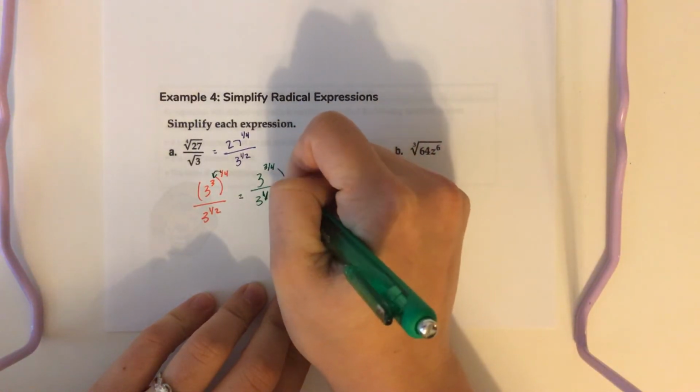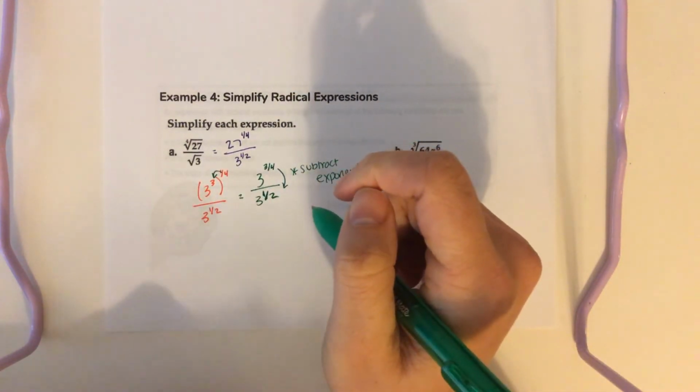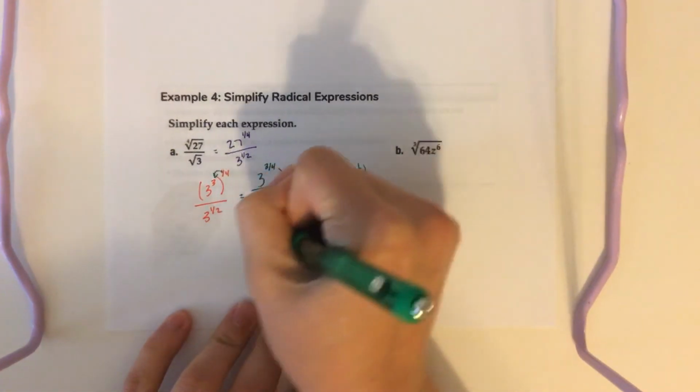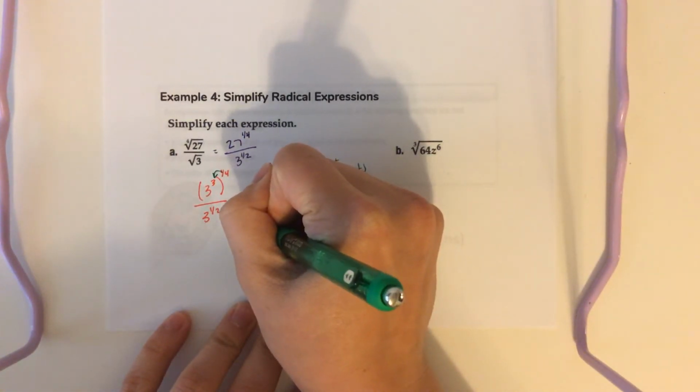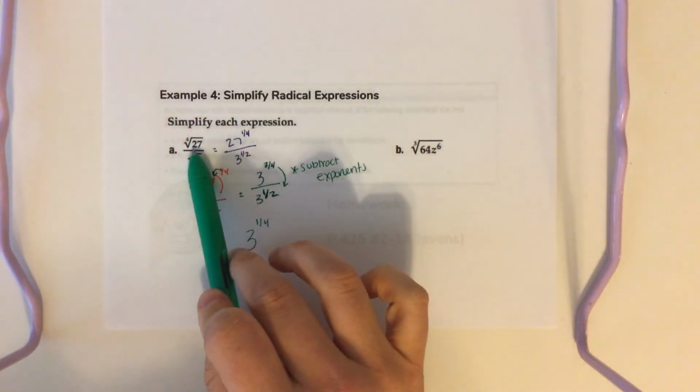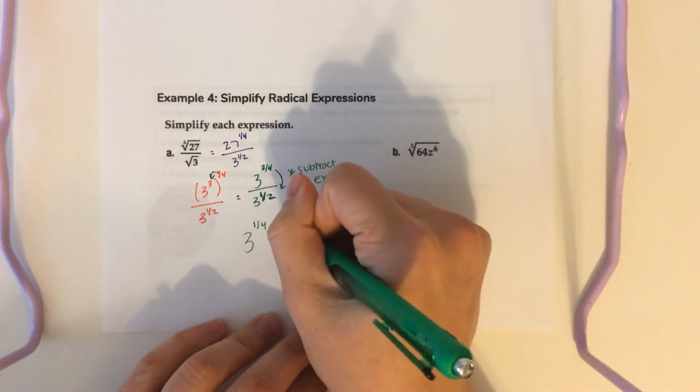So 3/4 minus 1/2 is going to leave me with 3 to the 1/4 power. And since we started in radical form, I'm going to end in radical form.